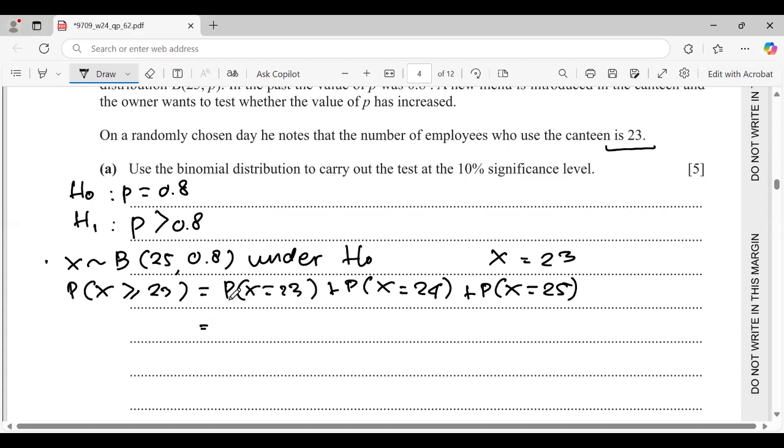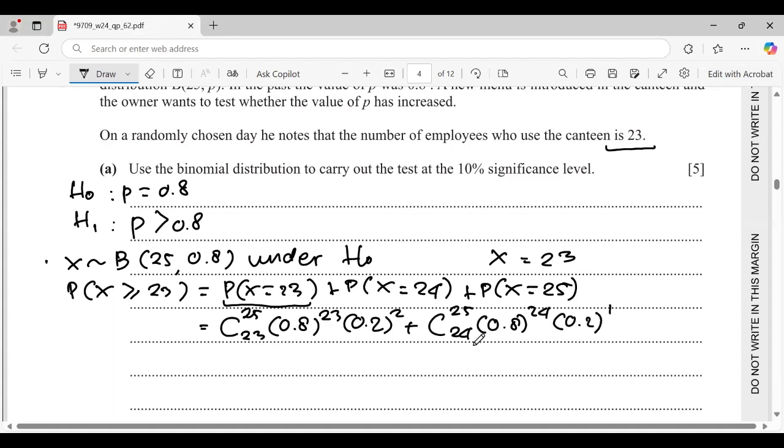As we calculate this probability, we can use combination 25 choose 23, times 0.8 power 23, times 0.2 squared, because 1 minus 0.8 is 0.2, and the power 2 is because 25 minus 23. I think you are familiar with this calculation: 25 choose 24, then 0.8 power 24, and then 0.2 power 1.